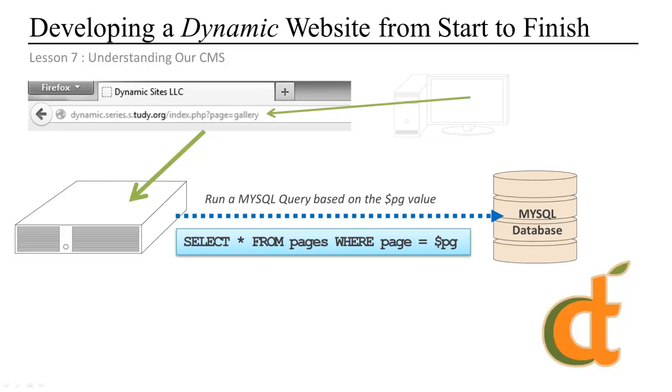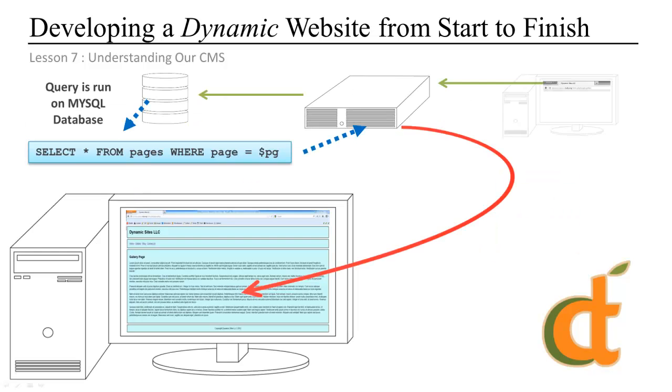What that result, that record, is all depends on how we set up our database and our table. Once that query has been run, the data is then sent back to our browser, to our computer, and will display the information that we wanted.